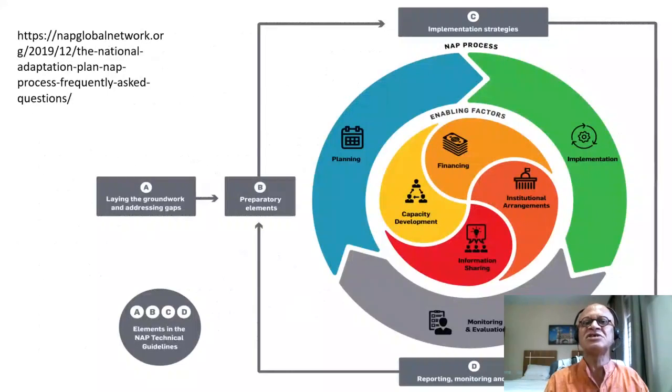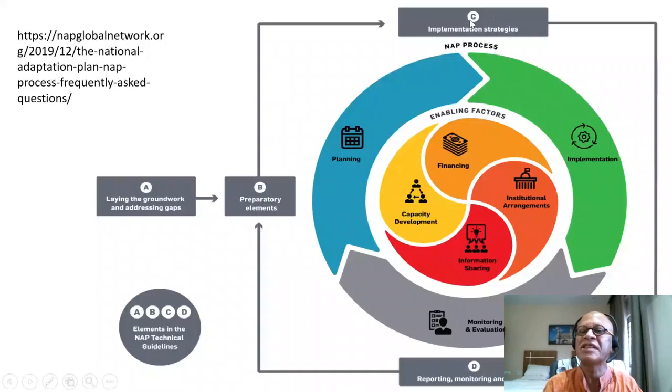Under the UNFCCC, the United Nations Framework Convention on Climate Change, under which global negotiations happen, there are requirements for national adaptation plans, and the typology of this is something like this. This is the national adaptation plan processes.